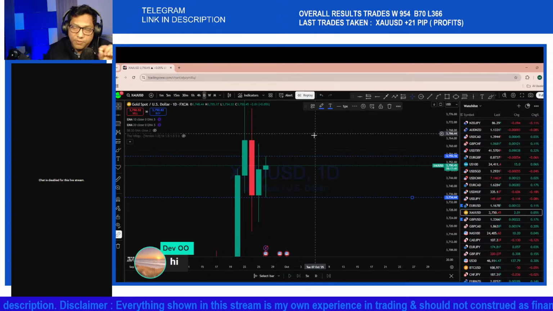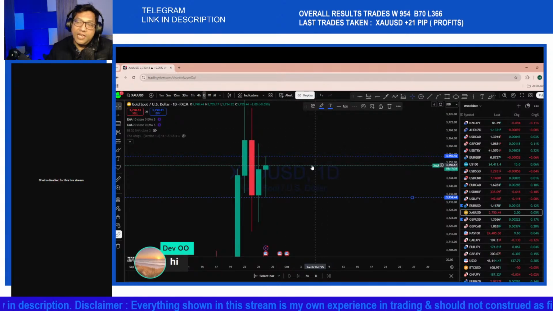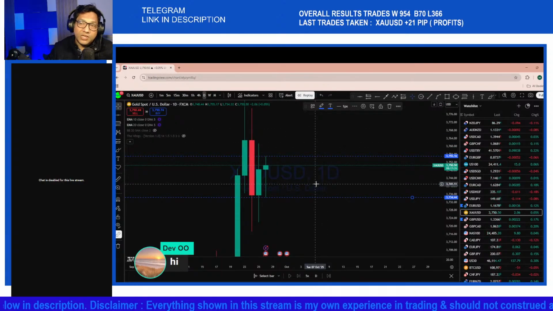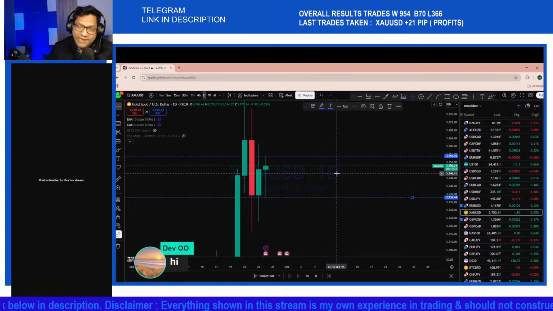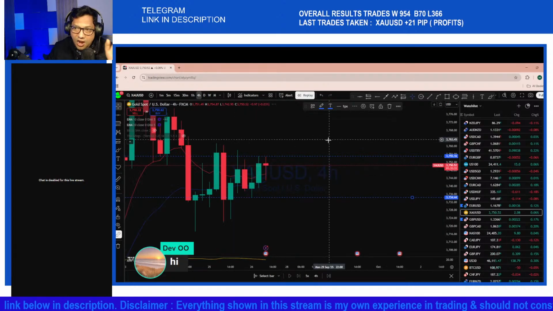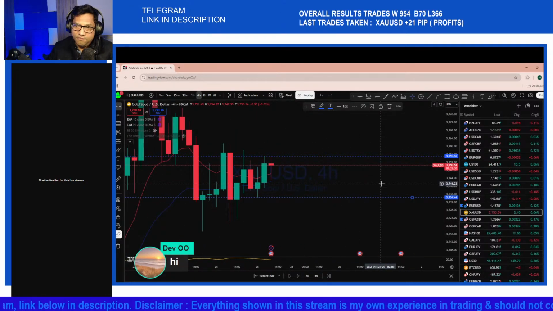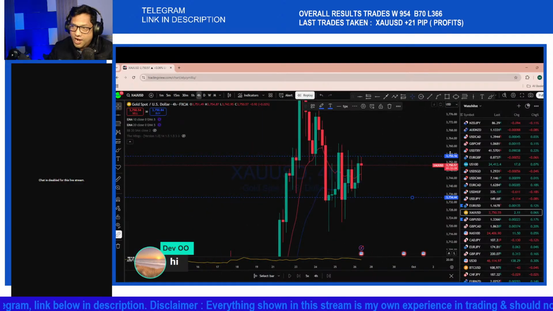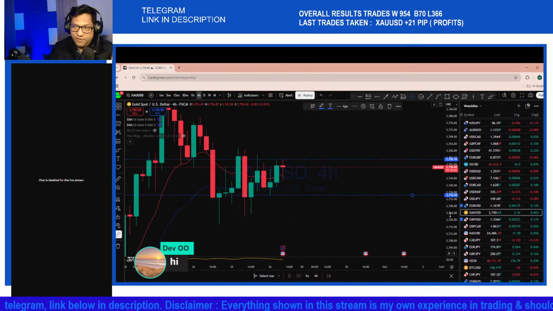This is crucial because the market is approaching the daily high, and if the spike goes up to crack the daily high, are we going to sell here? I think there is a possibility for a sell.